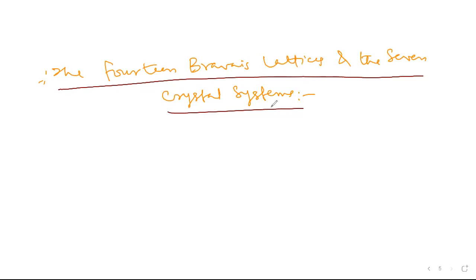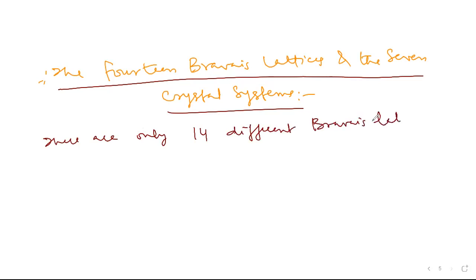The 14 Bravais lattices and the 7 crystal systems. You need to remember, we're talking now in 3 dimensions. There are only 14 different Bravais lattices. Only 14 different Bravais lattices.